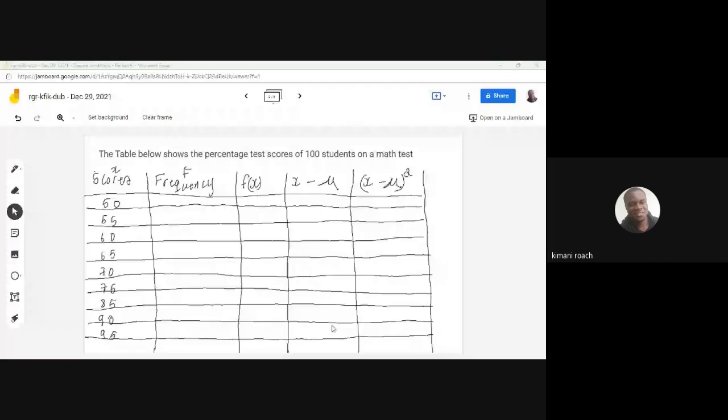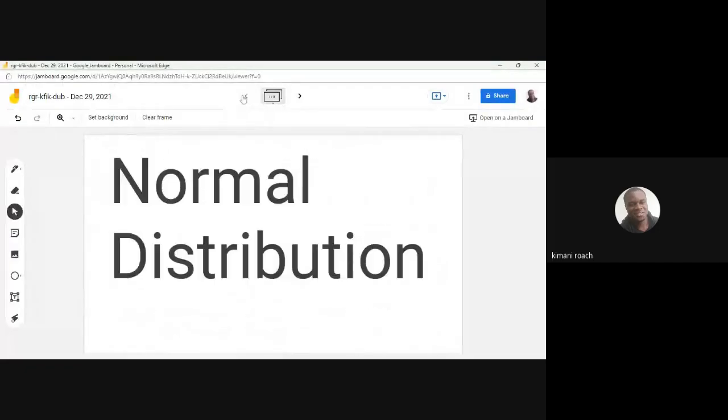We're going to continue having fun with math and exploring some concepts of math. What we want to start exploring together today is the concept of normal distribution.